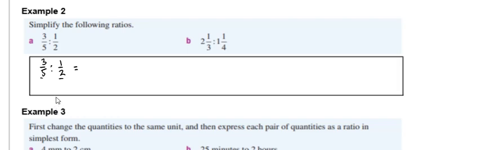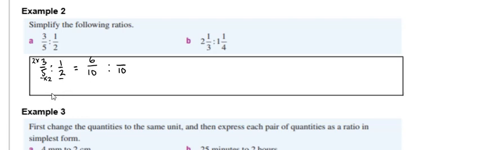I'll change the bottoms to tens, because I know that 5 and 2 go into 10. Changing a 5 to a 10, I have to times it by 2. Because I've multiplied the bottom by 2, I also have to multiply the top by 2. So 5 times 2 is 10, 2 times 3 is 6.